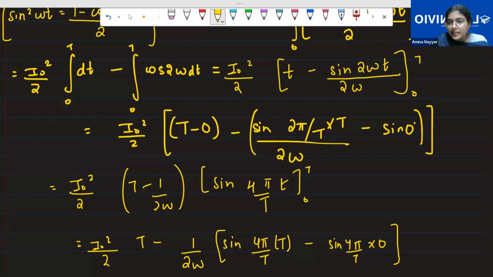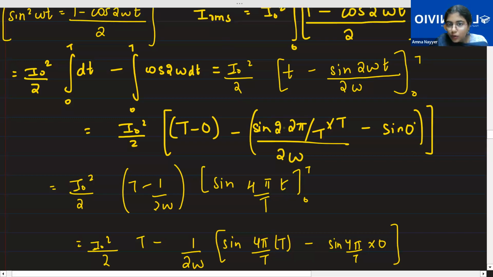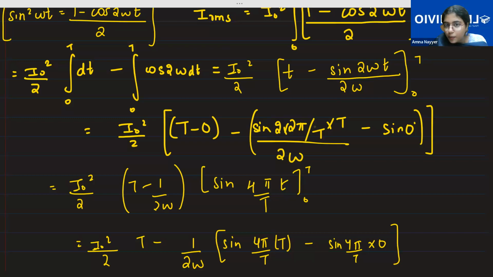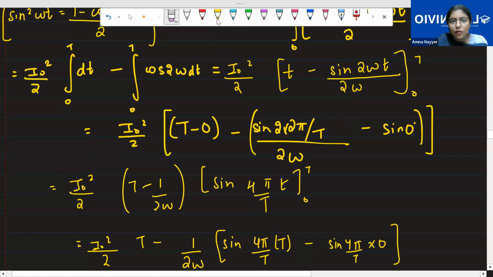It said sine, so sine 2 into omega, 2 pi by t into t, so capital T. So that leaves me with 4 pi by capital T into t from 0 to t. In fact, just sine 4 pi by t. Right here, if I put the value, or if I just leave it till here, let's say into small t only.